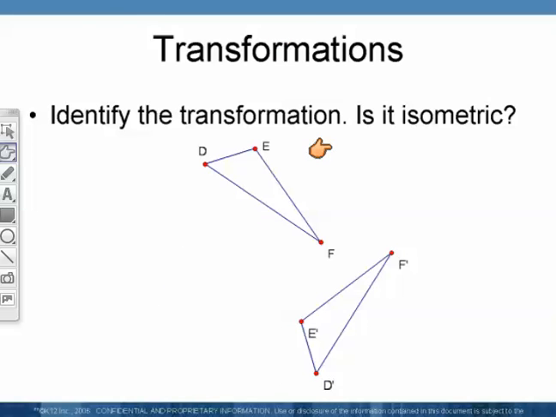Now let's look at this one. This one is a little bit different. Let's see here. It kind of goes from D all the way down to here. And E goes all the way down here. It's not like it's a line that I could draw and I could see where it is. Oh, you know what this is? I'm going to tell you that this one is a rotation.